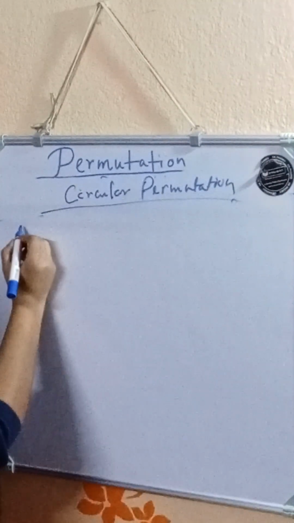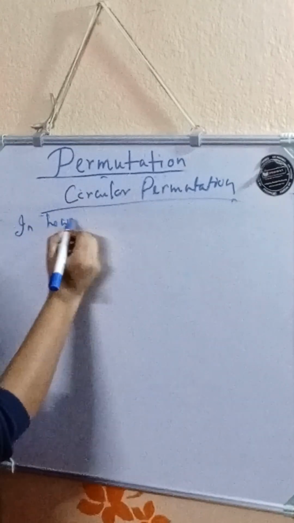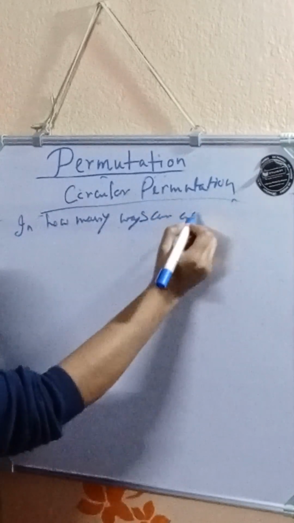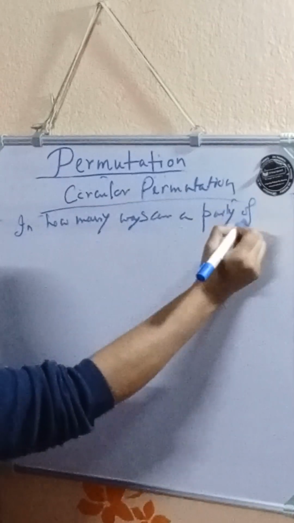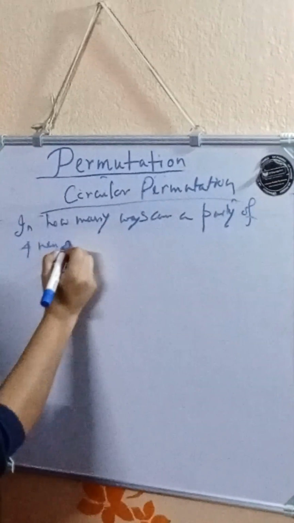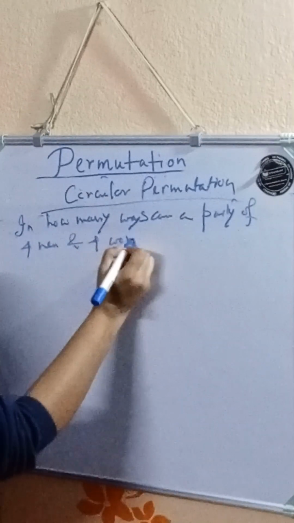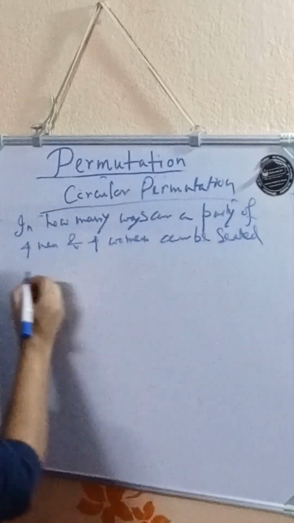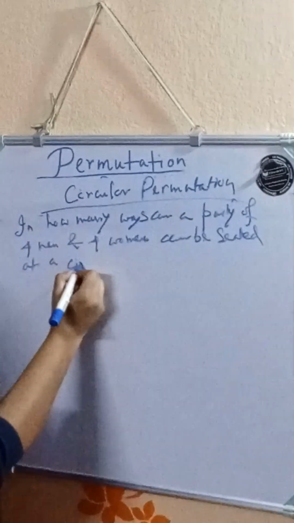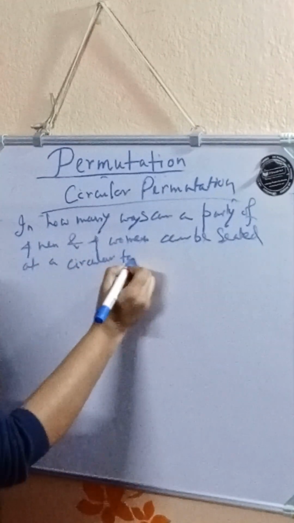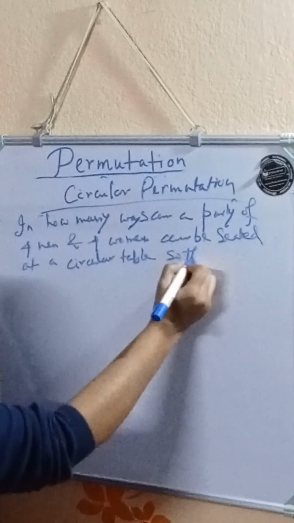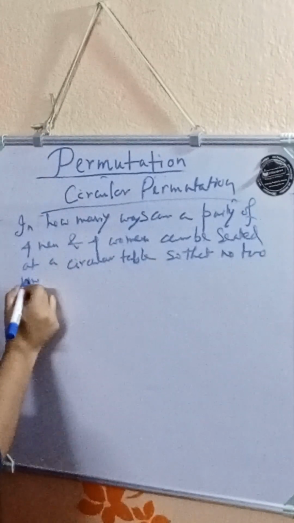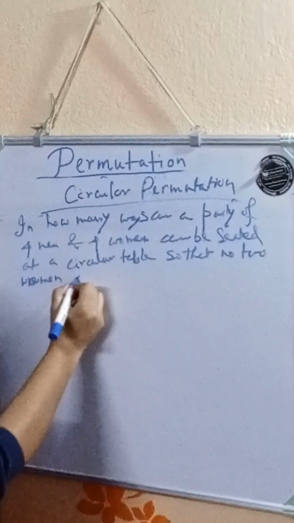In how many ways can a party of 4 men and 4 women be seated at a circular table so that no two women are adjacent?